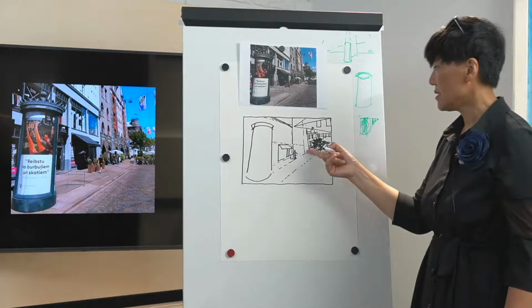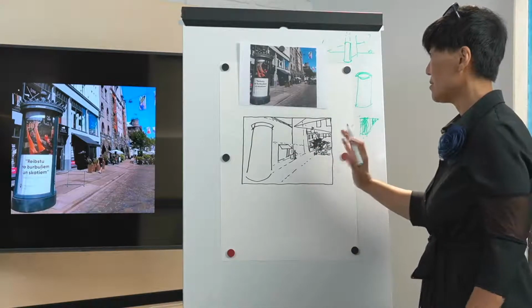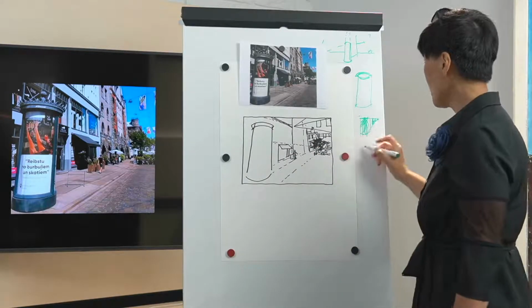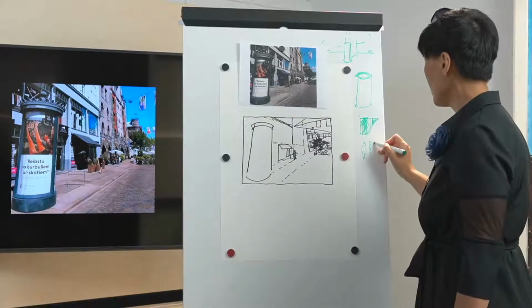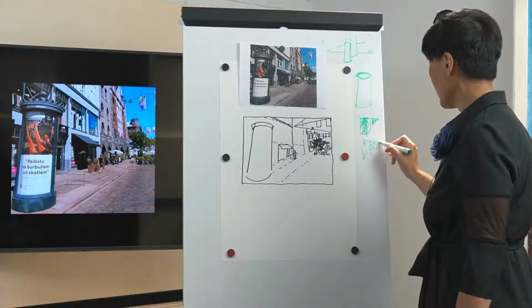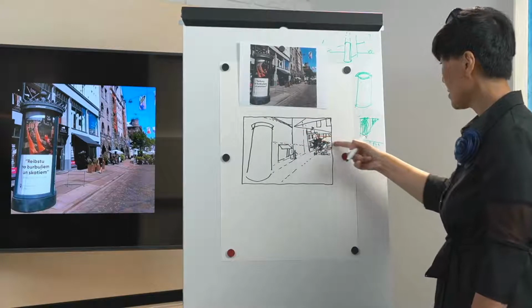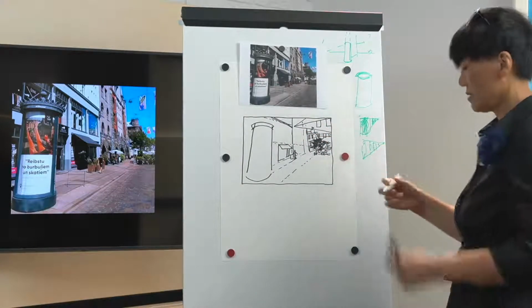Because sometimes I see people will draw here the same bigger one, which is not correct. You should follow this. The big one, smaller, but this line should go with this perspective line to the vanishing point.